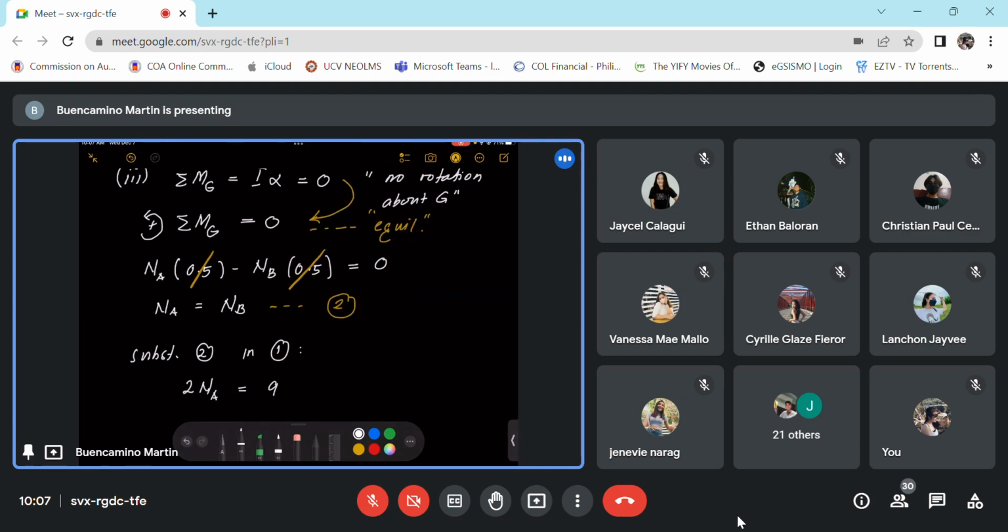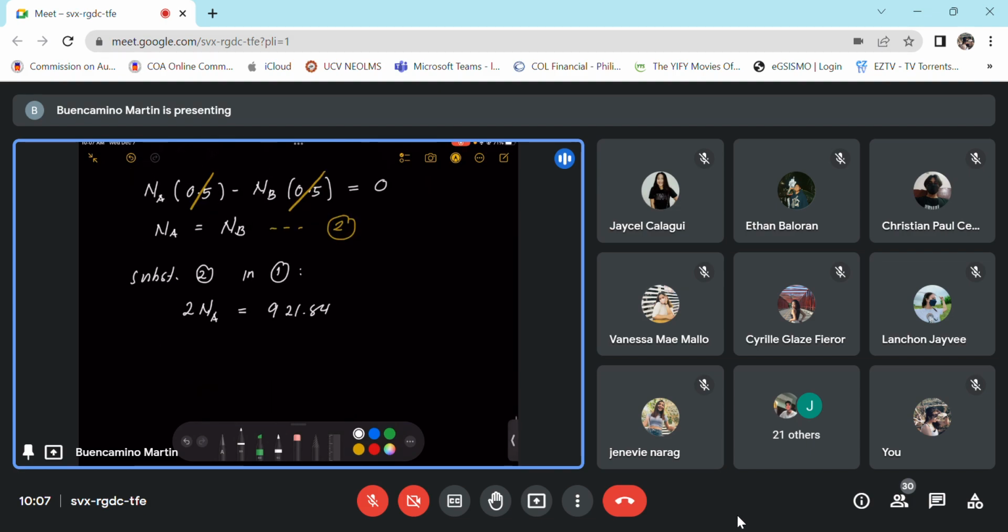And so our NA would be equal to 921.84 divided by 2 Newton. And therefore, your NB is also equal to the same. Okay? So, compute.